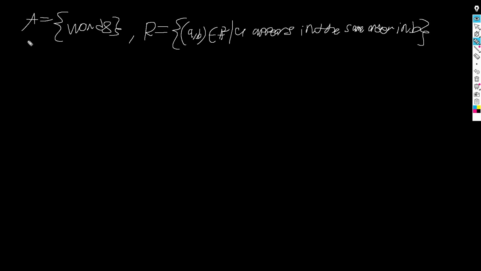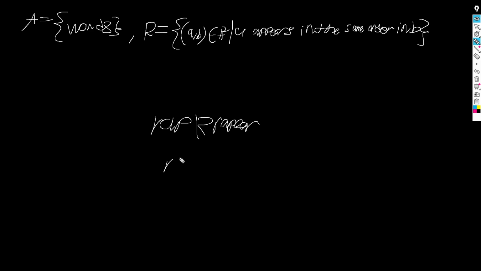Now let A be the set of all English words, and R be the set of all (A1, A2) such that A1 appears in the same order in A2. So, for example, rap is R related to rapper because rap appears in the same order in the word rapper.